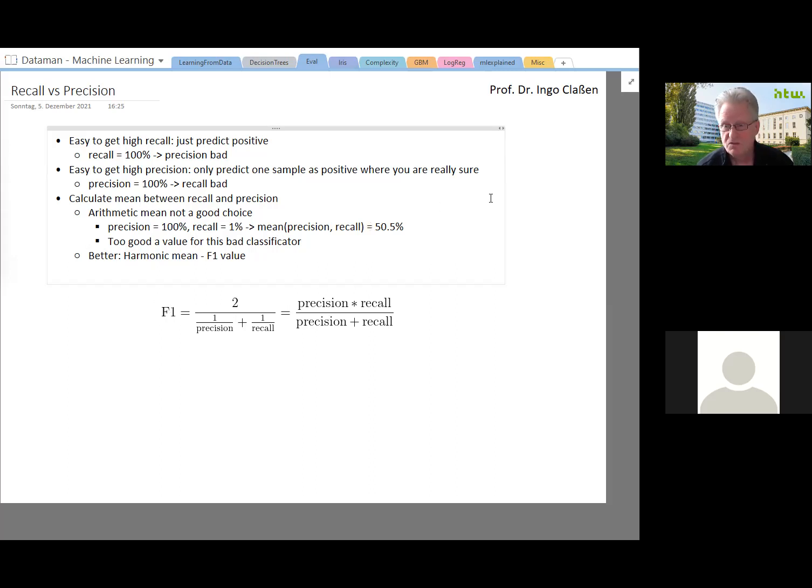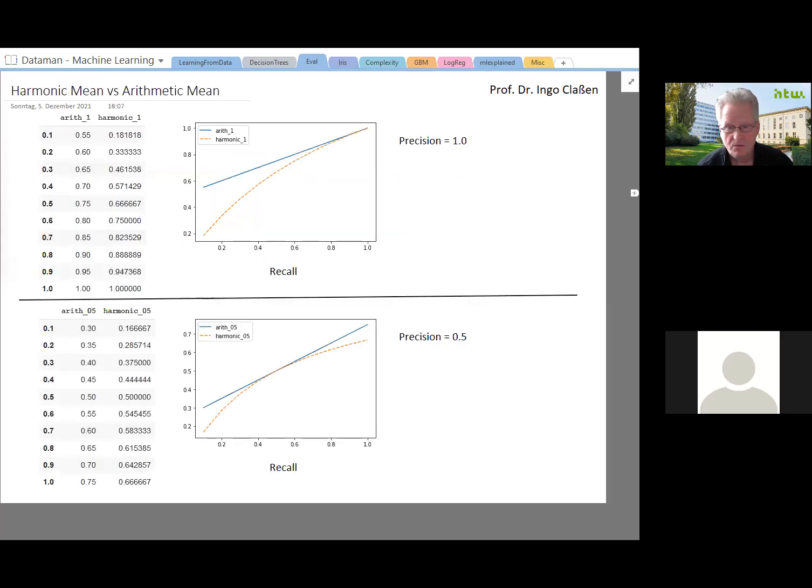Just to give you an idea why the arithmetic mean is not the best option, let's assume our classifier has a precision of 1, and we have, for example, a recall of 20%.